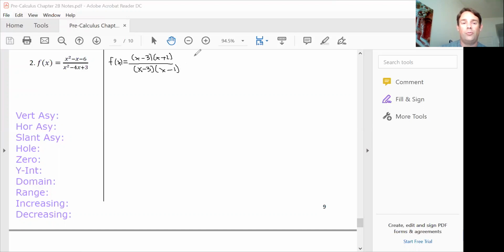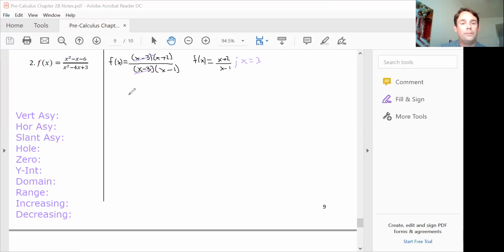And again, if you notice, we have an x value that cancels out. That x value is going to be, x can't be equal to 3. That's what cancels out.